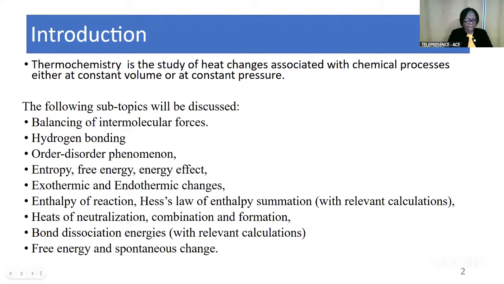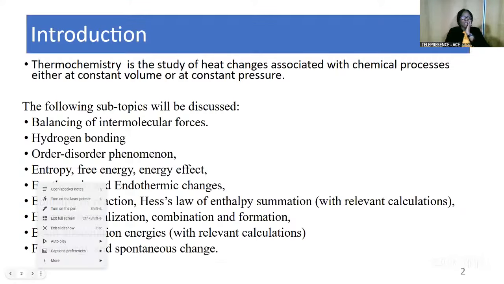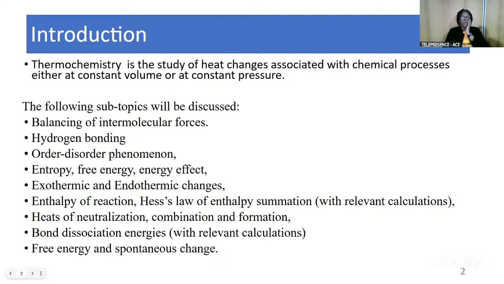So quickly, I have the outline here to show you what we should expect in this course. We are going to have discussions around subtopics like intermolecular forces, hydrogen bonding.